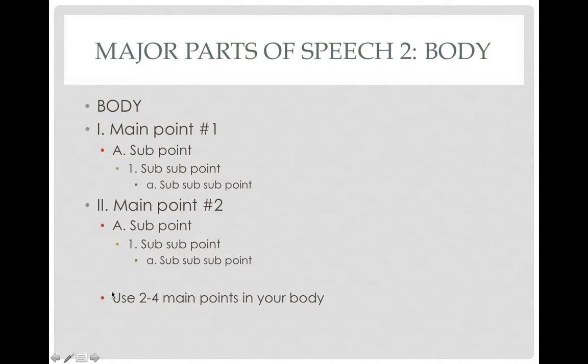And you can go up to 4 main points depending on your particular topic and the particular organizational strategy that you choose. You'll determine the order, which ones go first, second, third, and so forth, by using one of the organizational strategies that I'll be talking about a little bit later on in this video.